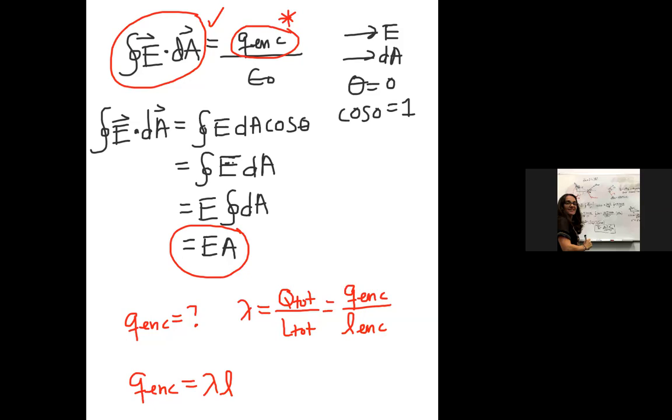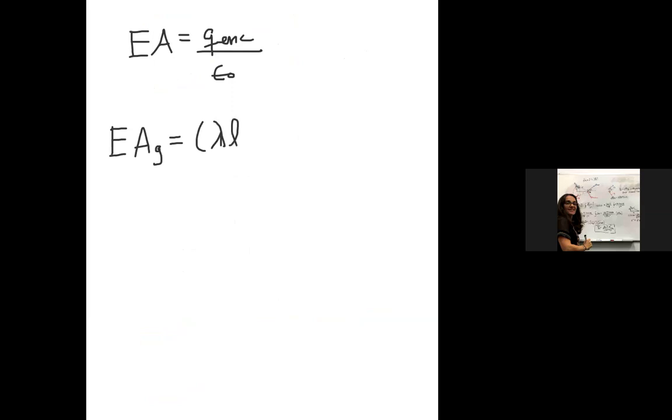Okay, put it all together. On the left-hand side we had EA, and on the right-hand side we had that. So take the steps. The area of my Gaussian is equal to the charge enclosed, which we write as lambda times L, over epsilon naught. What's the area of my Gaussian?